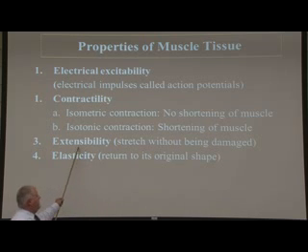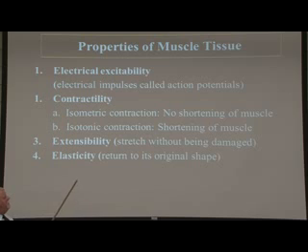So the muscle has to have extensibility. It has to be able to be stretched back out without doing internal damage to the muscle. And then it has to have a bit of elasticity, which allows it to return to its original shape when it's relaxed.